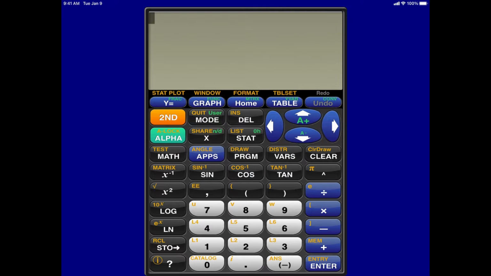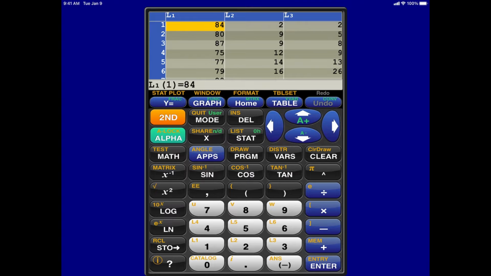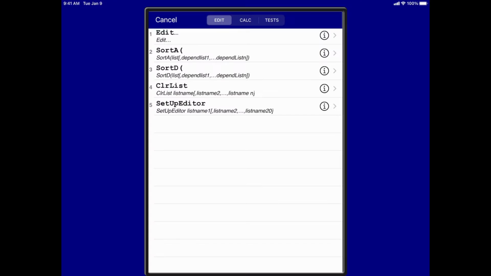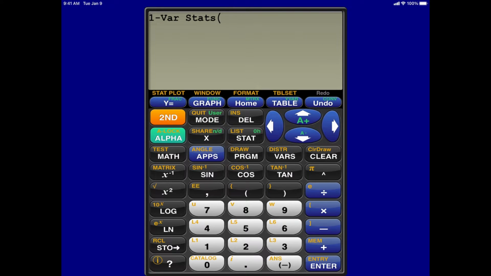So stat, right next to the left key, edit. I'm going to go up here, clear it, press enter, put in my numbers, 22, 20, 24, 20, and 24. I'm going to press stat, calc, number 1, 1 var stats. The default is list 1.